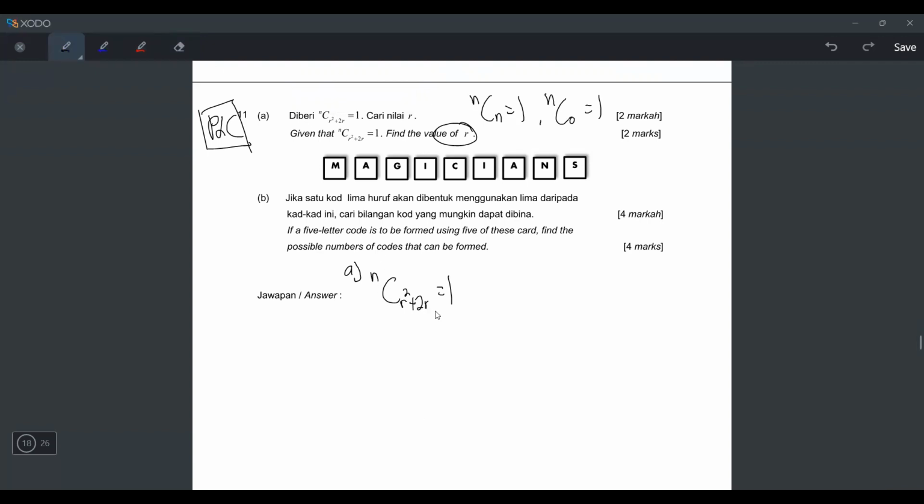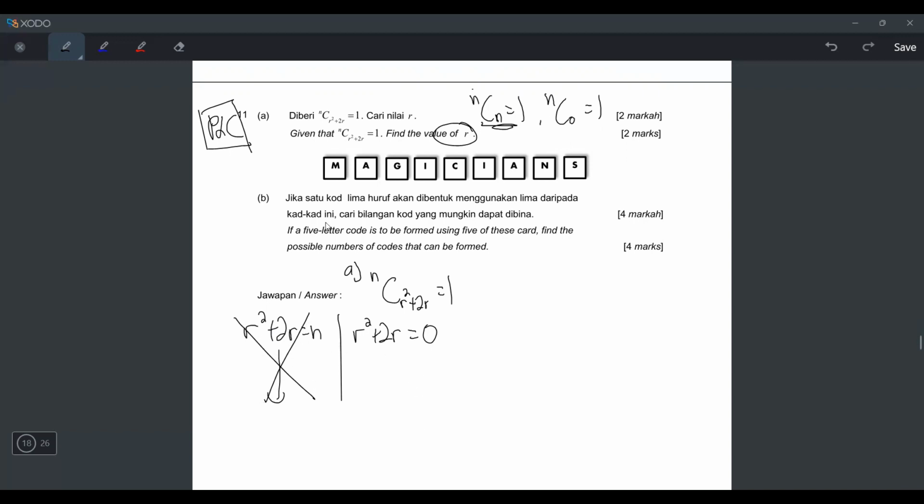So if I say nC this one is 1, then this must be 0. R squared plus 2r must equal 0. But you can also say r squared plus 2r equals n, because according to this rule, if this number and this number are the same, they equal 1. But if I do it like this, I can't find the value of r, so I will give up on this option and go with this.